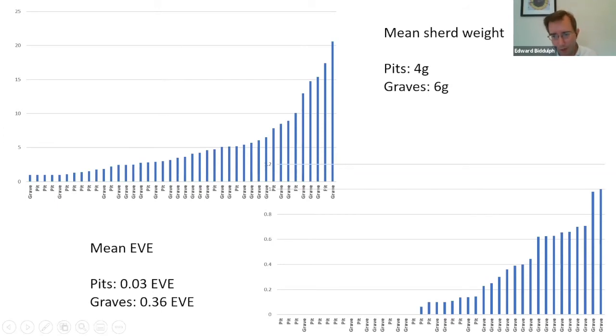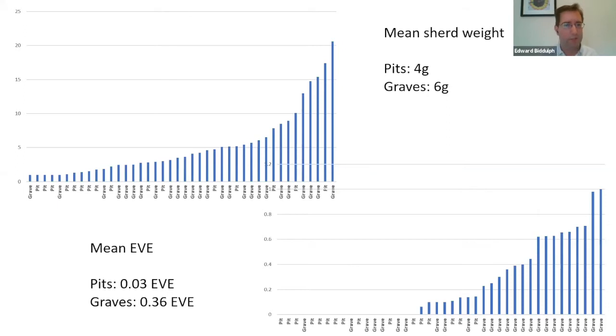You can see there is still some interleaving, but a lot of the graves are skewed right to the end, and you can see that we're dealing with pretty substantial vessels, because the rim circumference is still surviving. And of course, this is the beauty of Eves as a measure of quantification. It doesn't matter if you have a whole rim, 100% of a rim.